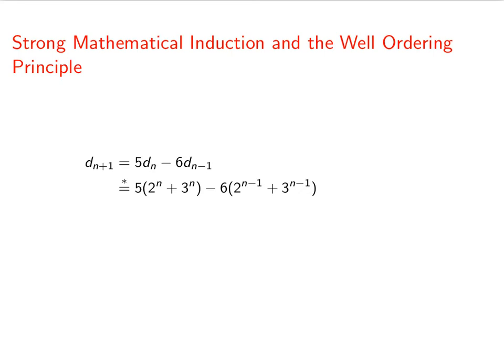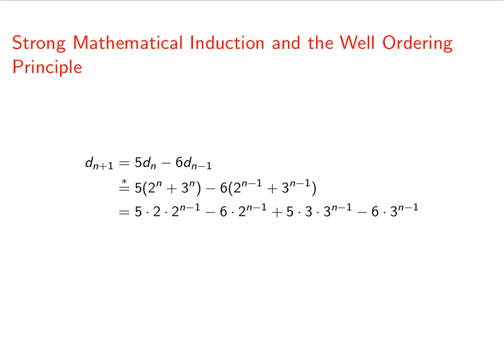The key idea is that our inductive hypothesis tells us that we can rewrite d sub n as 2 to the n plus 3 to the n, and can rewrite d sub n minus 1 as 2 to the n minus 1 plus 3 to the n minus 1. Notice that we need a strong hypothesis here, because we're not just saying something about d sub n, we're saying something about a previous term as well.